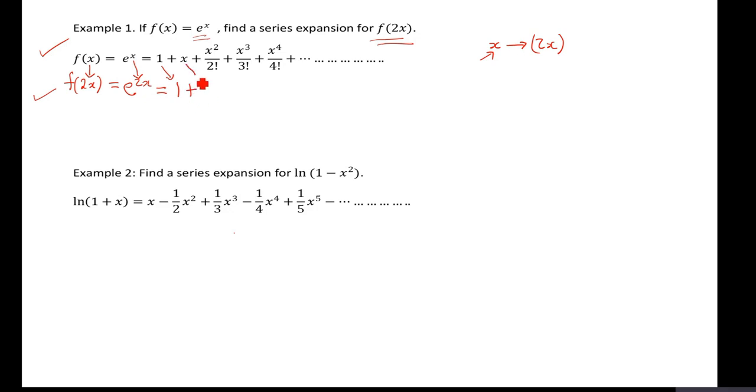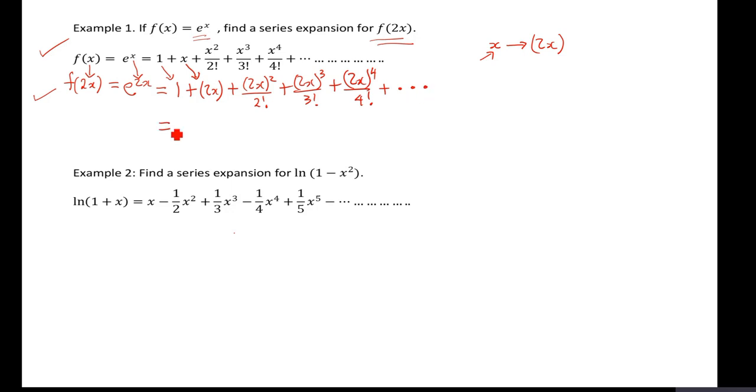But wherever I see x, what do I replace it with? 2x. So I'll continue with that. The next is 2x squared over 2 factorial. Then 2x cubed over 3 factorial. And you see the pattern. 2x to the power 4 over 4 factorial, and so on.